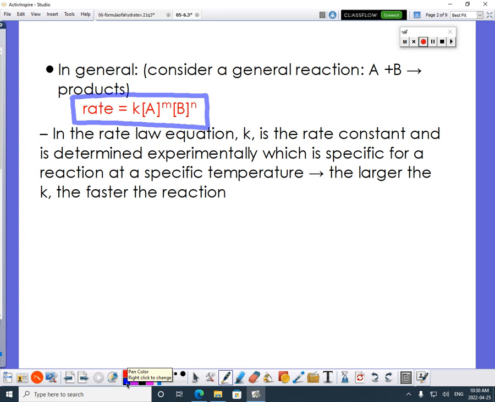Usually it's 2, sometimes it's 1. The maximum you can have is 3, which we'll talk about on Friday. Each is raised to some exponent, m and n. For now we'll use those to represent the general exponents, and that's our job today. How do we find what those exponents are going to be?